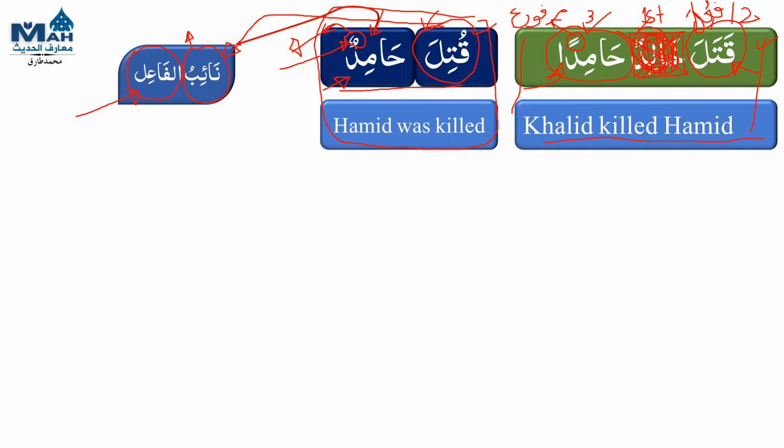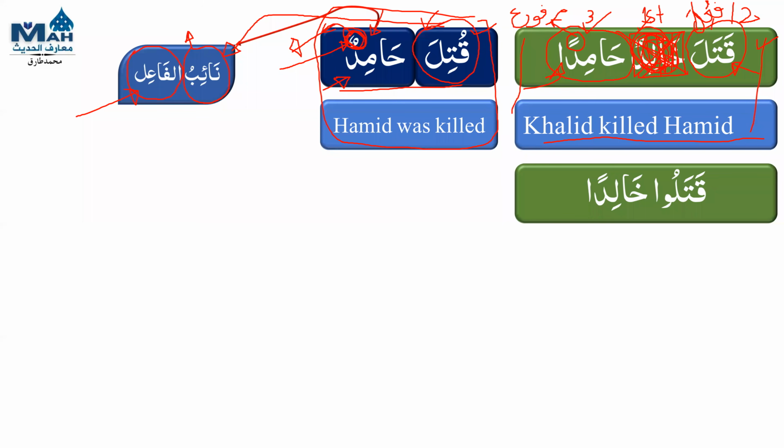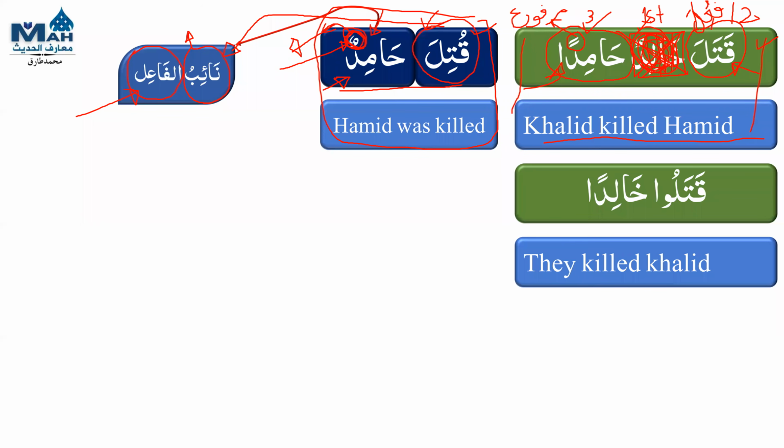Because of this, we are calling it the deputy of the subject: the subject is removed and this is the deputy of it, because it is marfu. Next sentence, can you read? Qatalu Khalidan. So what is the meaning? They all killed Khalid. Very good. Now, if you want to convert it to majhul, what will you do?